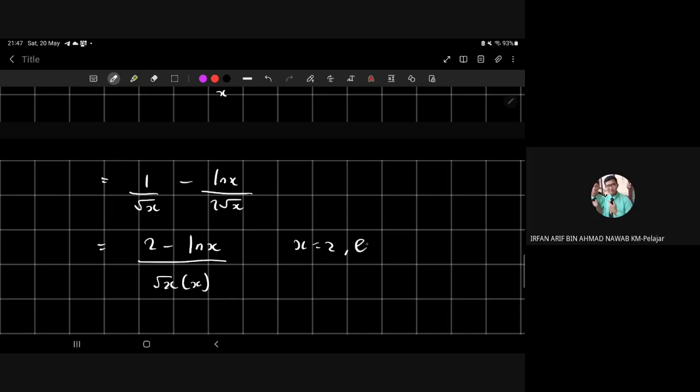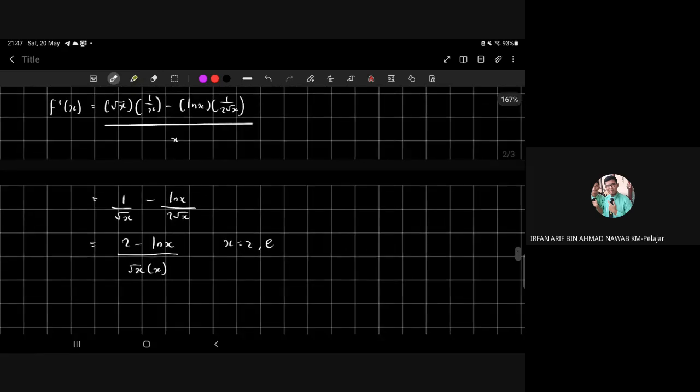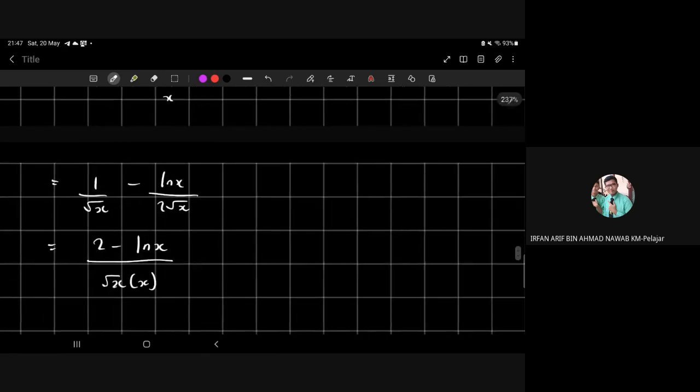When x is e, the slope is still positive. So when does it start to be negative? We don't care about these values initially, because we want to see what happens when this graph goes to infinity. So at some point, ln of x will be larger than 2.